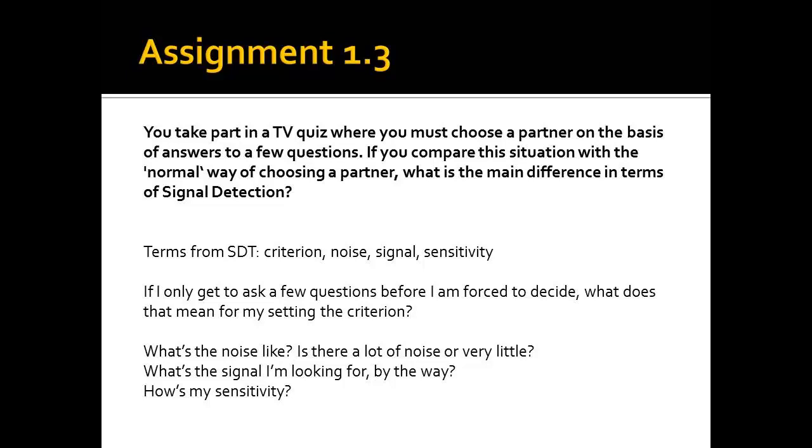Lest we end up in a position where we're unwilling to play with any of the other contestants. So if we were to get more time with the other contestants, to get to know them in a more normal fashion, we might be able to set our criterion a little bit more conservatively. So in other words, we can afford to be a little bit more picky.